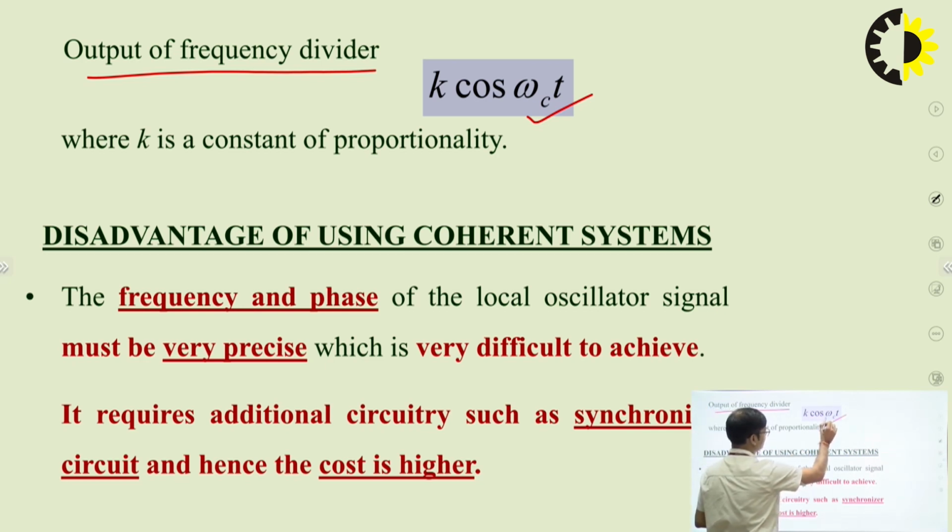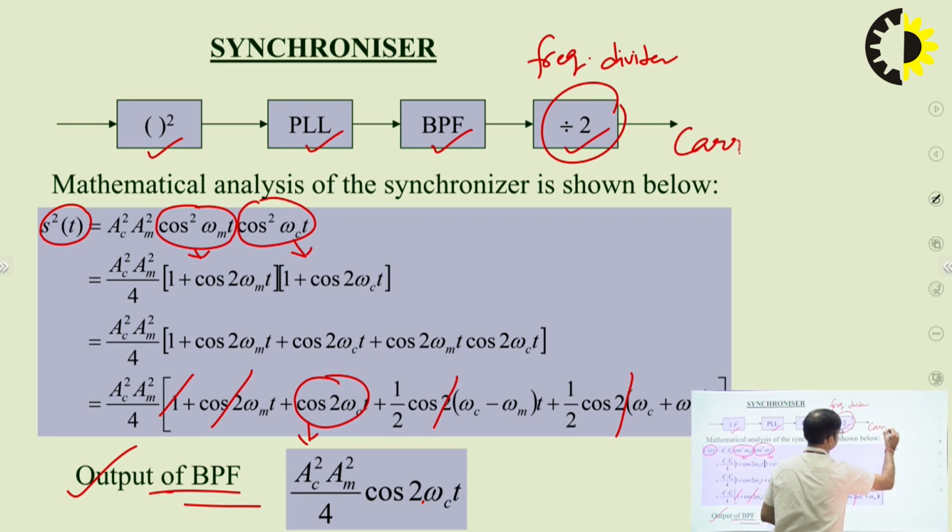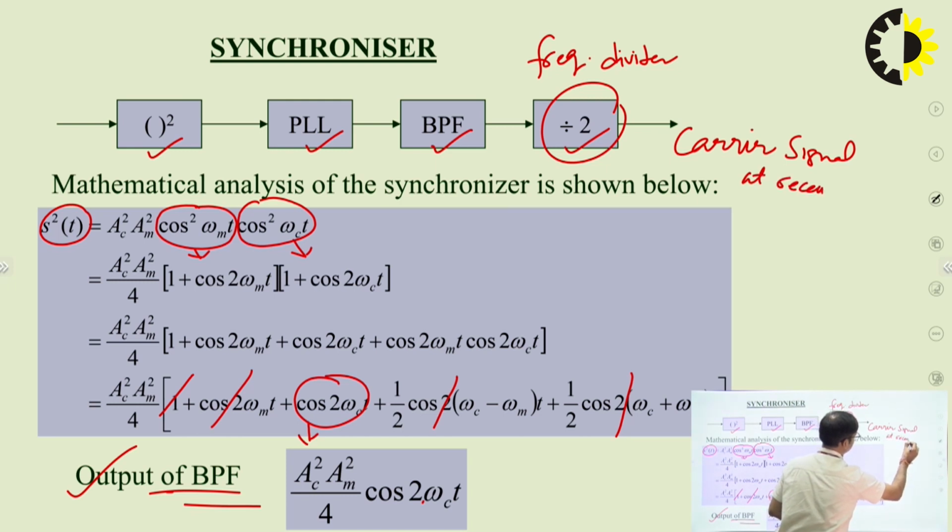And this carrier frequency signal at the receiver end is derived. This is the carrier signal at receiver, and this carrier signal at the receiver is obtained from this DSBSC, which is transmitted by the transmitter.